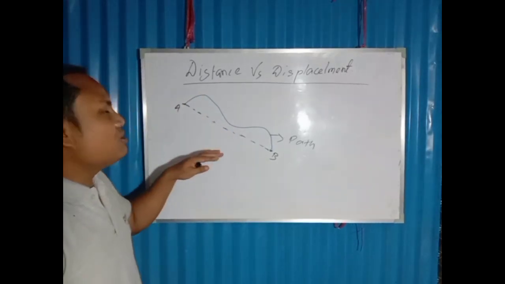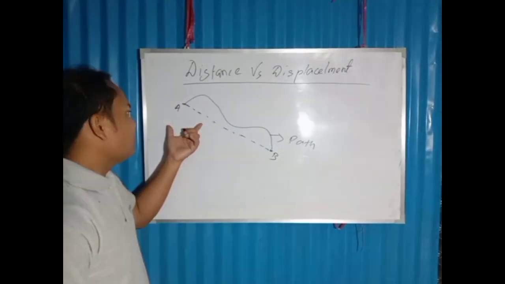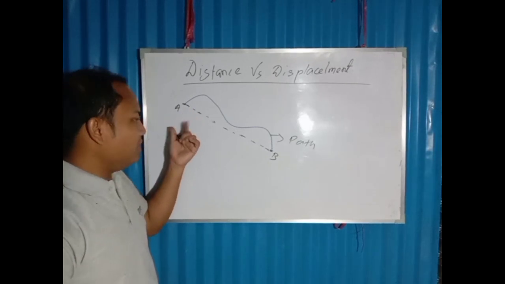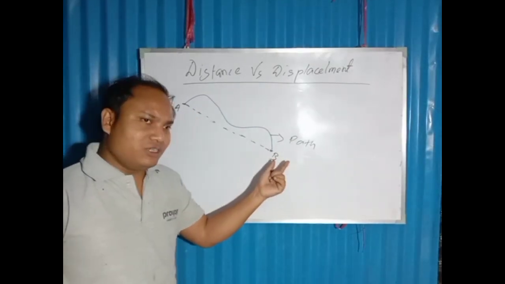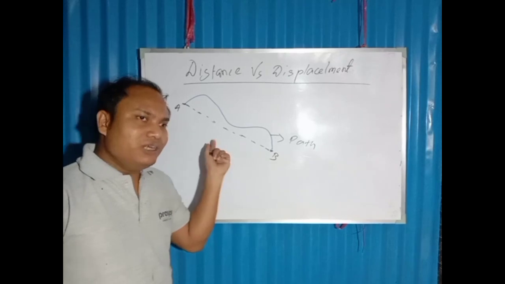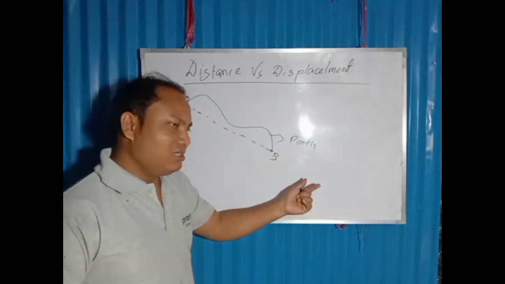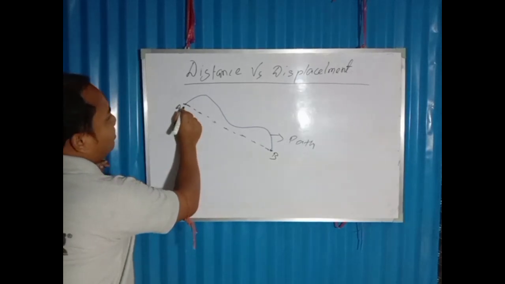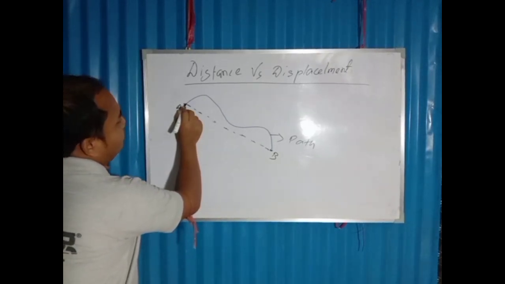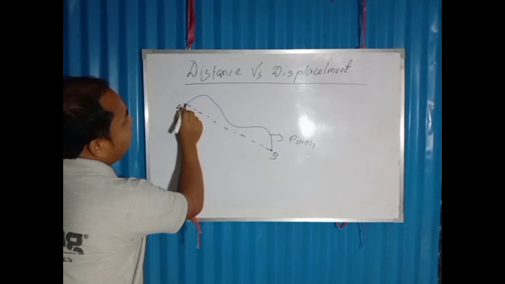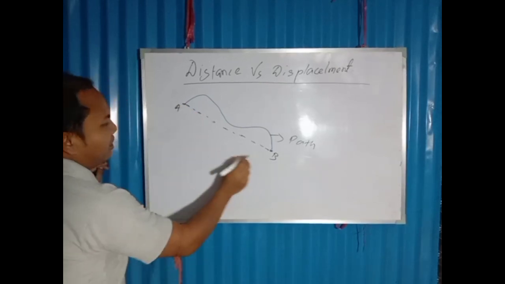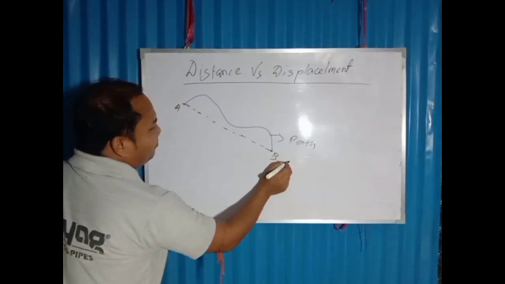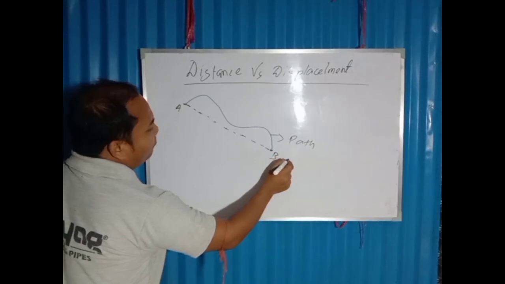In case of displacement, it is when the body changes its position from one point to another point. For example, A is the body's initial point and B is the final point.